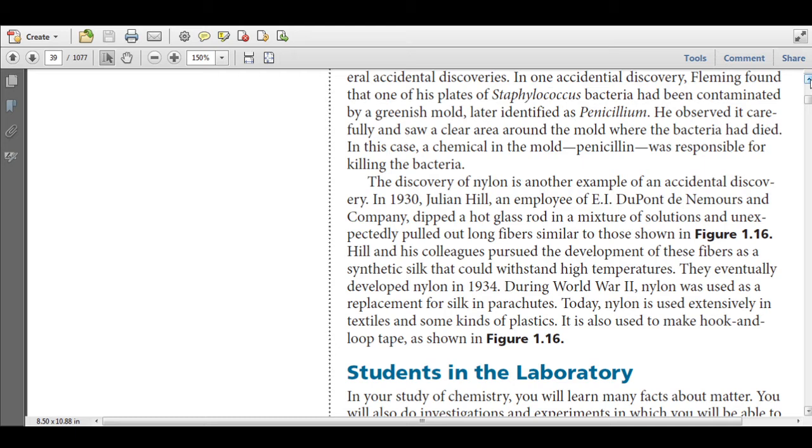Hill and his colleagues pursued the development of these fibers as a synthetic silk that could withstand high temperatures. They eventually developed nylon in 1934, and during World War II, nylon was used as a replacement for silk in parachutes. Today, nylon is used extensively in textiles and some kinds of plastics.